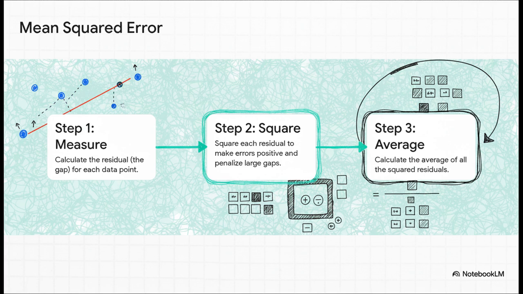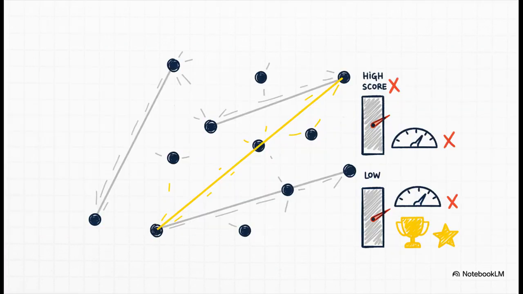Being off by a little isn't so bad, but being off by a lot is a huge problem. Finally, we just take the average of all those squared numbers. And that right there, that is our one and only goal. The best possible line, the one we've been searching for, is simply the line that makes this mean squared error score as tiny as it can possibly be.